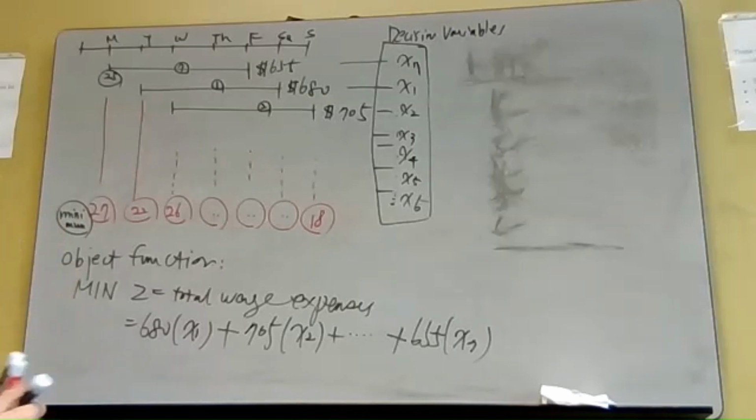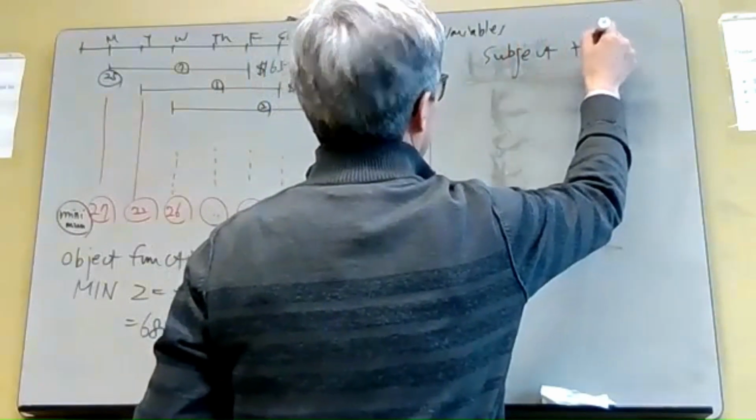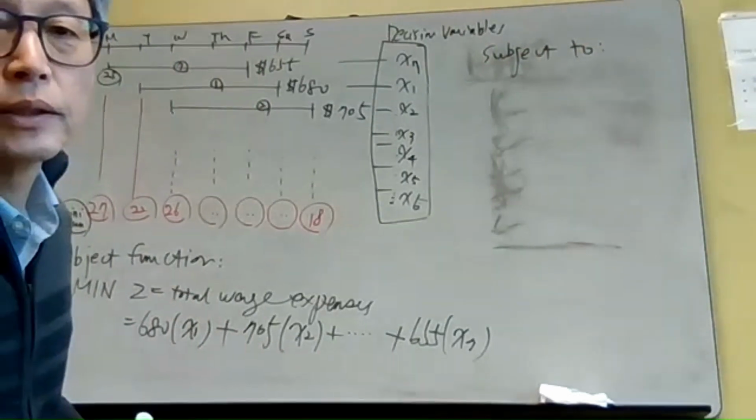This objective function is subject to, what are the constraints?